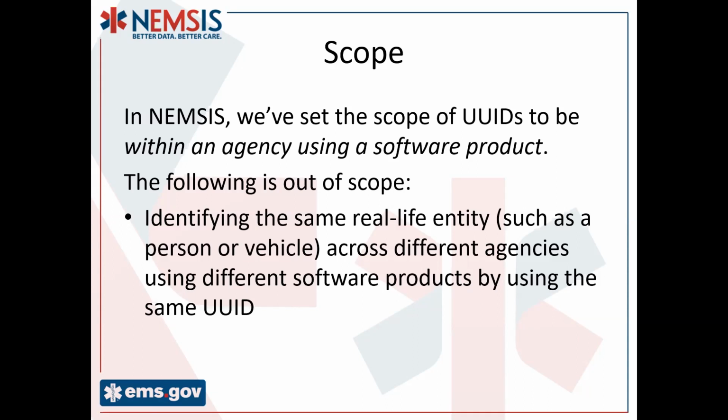Great. I have a question. Understanding that UUIDs are for a specific entity inside of a specific software, would a UUID allow for the identification of a single entity to multiple states?